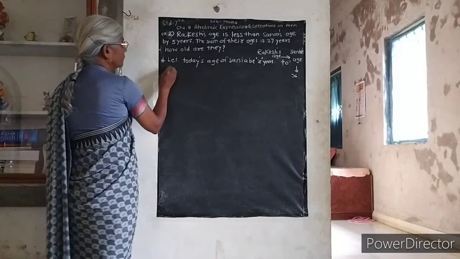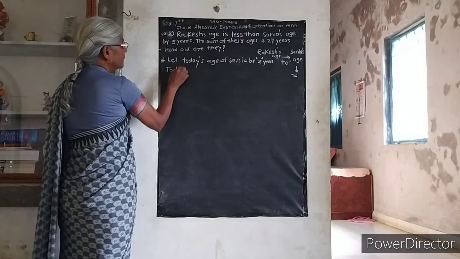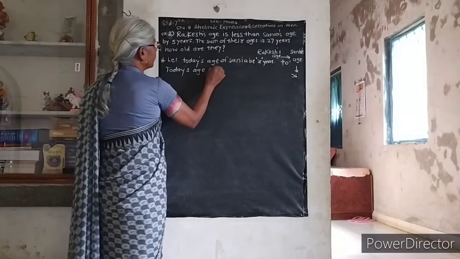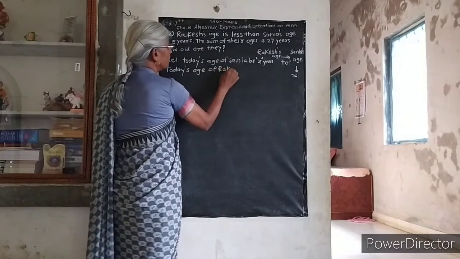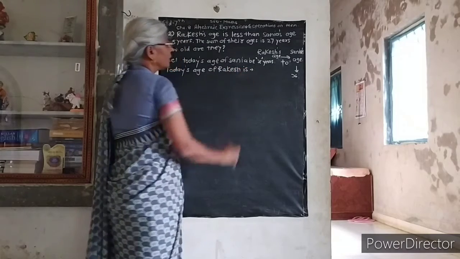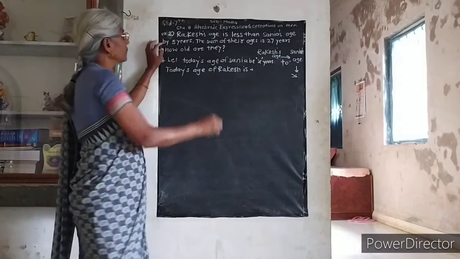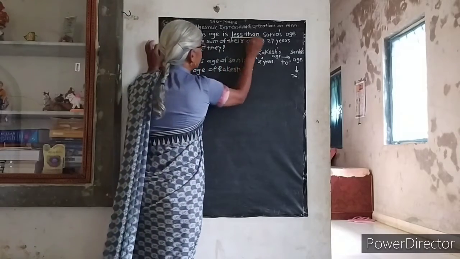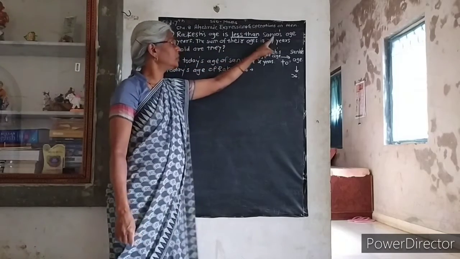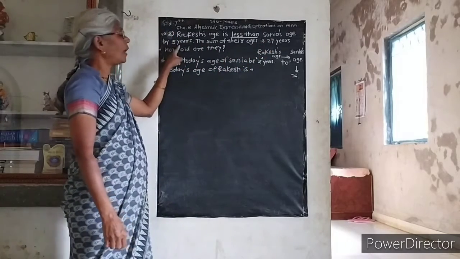Then today's age of Rakesh is, then read here, Rakesh's age is less than whose age? Sania's age by 5 years.